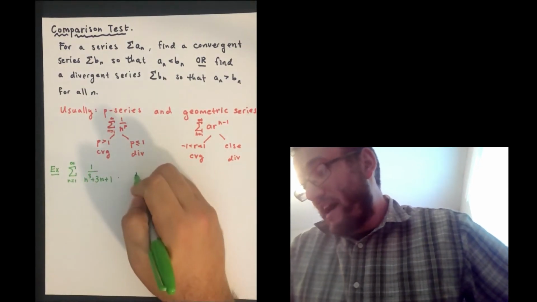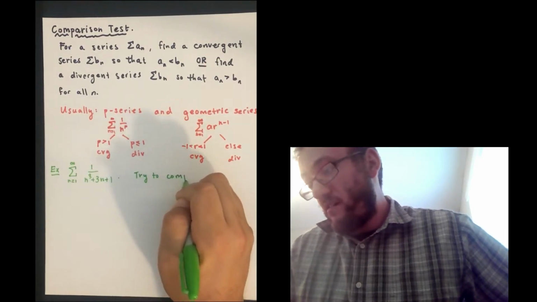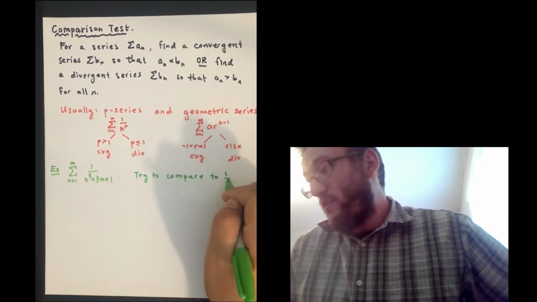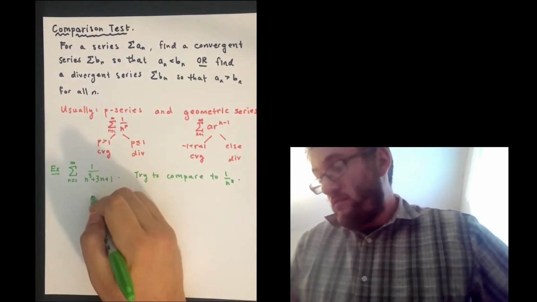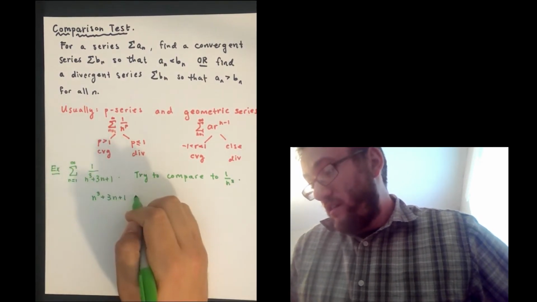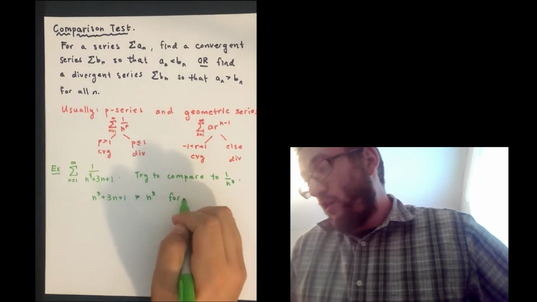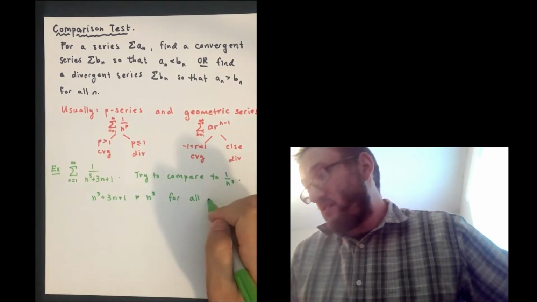So we're going to try to compare to 1 over n cubed. Well, n cubed plus 3n plus 1 is greater than n cubed for all positive n, because we're just adding positive stuff here.